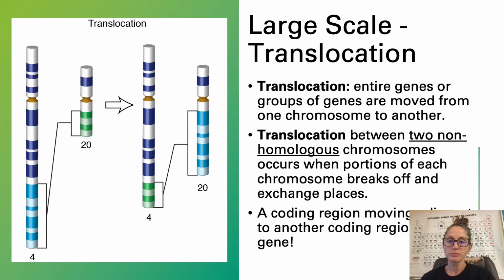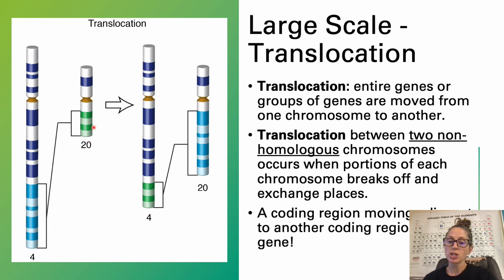You can have large-scale mutation with a translocation. So you can have an entire gene or a group of genes moved from one chromosome to another. And so we see here we have this blue section of chromosome number 4 gets switched with this green section of chromosome 20.